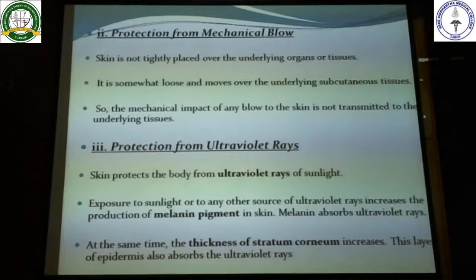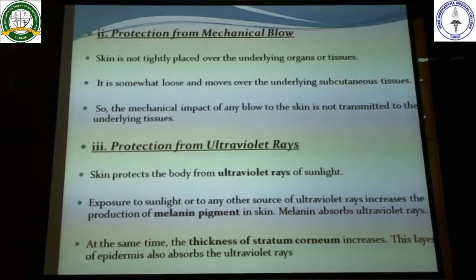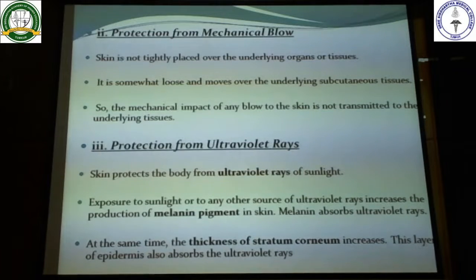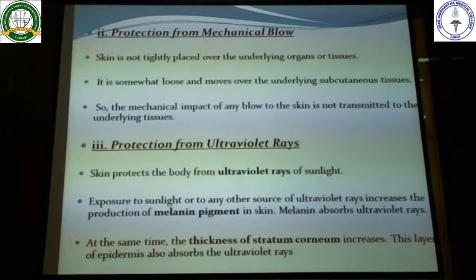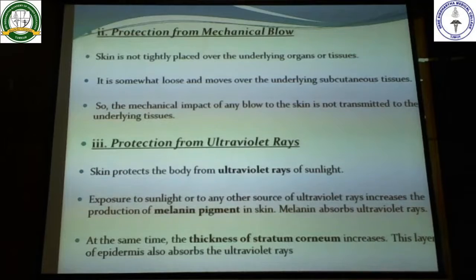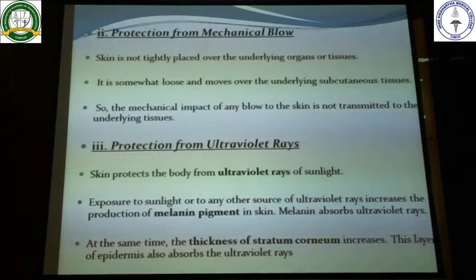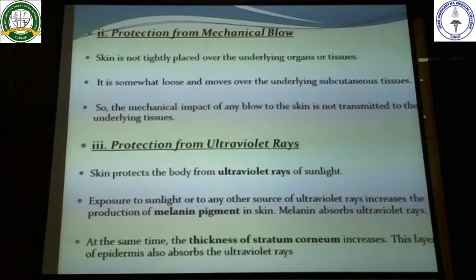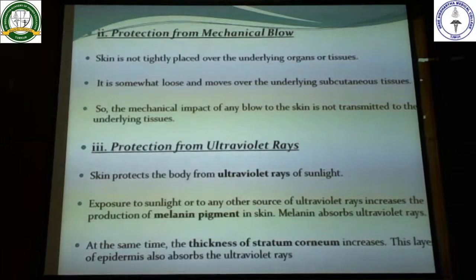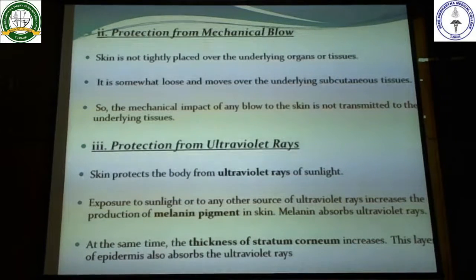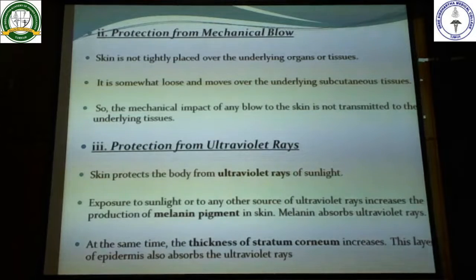As a result, whenever there is any mechanical blow or impact to the skin, that will not be transmitted immediately to the underlying tissue. Some amount of the blow is taken by the skin, so it prevents the complete impact from affecting the internal organs.